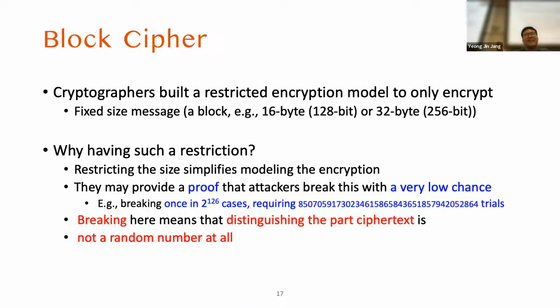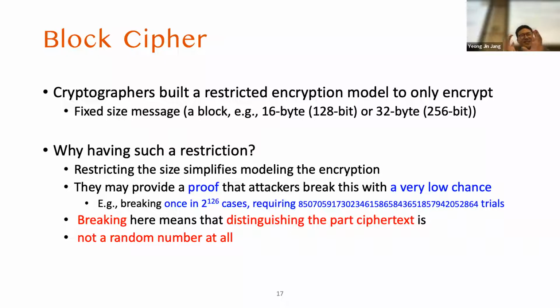In practice, right now, the Advanced Encryption Standard, AES, uses a 16-byte, 128-bit block size. The reason for restricting the size to 16 bytes is that it does not leave the problem as a totally open space.